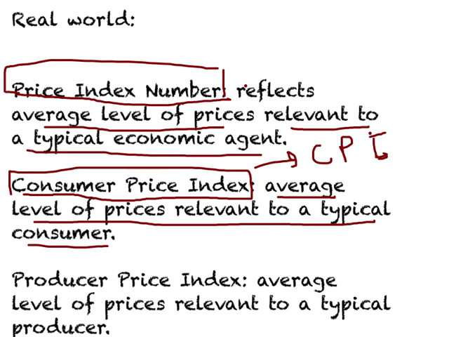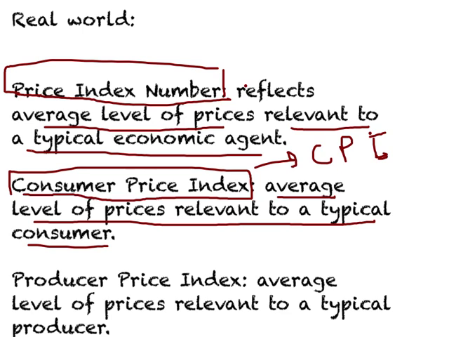And what statisticians have done, for example, for the US, is that they have constructed a typical consumer, looked at this person's consumption basket, how many fruits he buys, how much meat he buys, and so on.